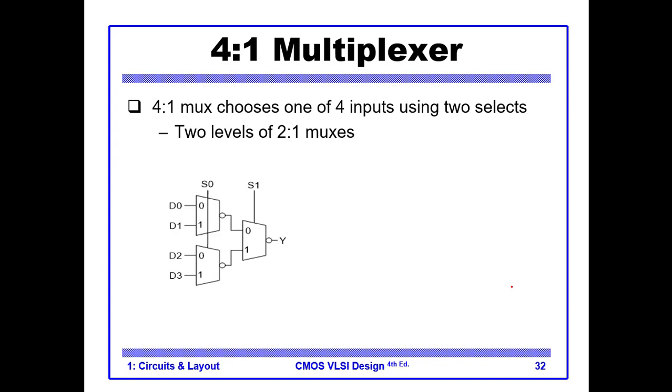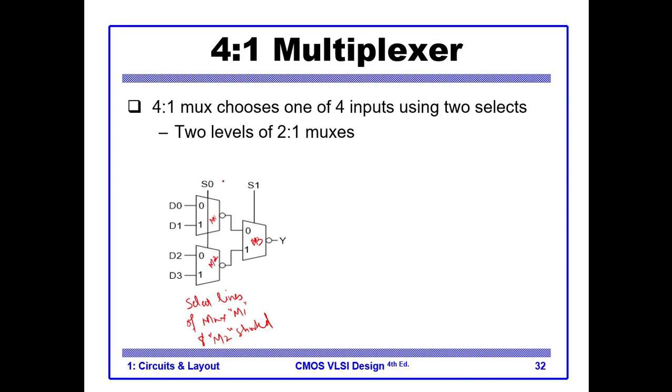Let me tell you that, for example, this is mux 1, this is mux number 2, and this is mux number 3. The select lines of mux M1 and M2 are shorted.